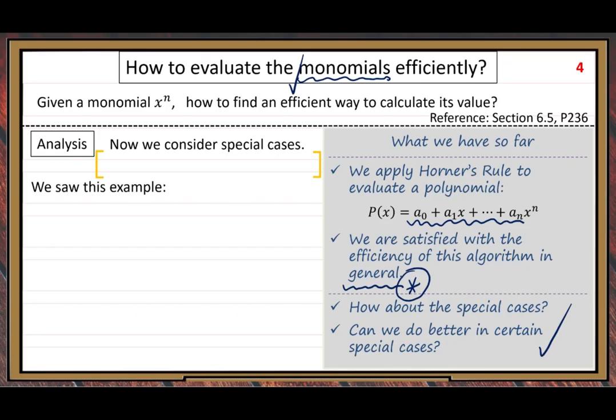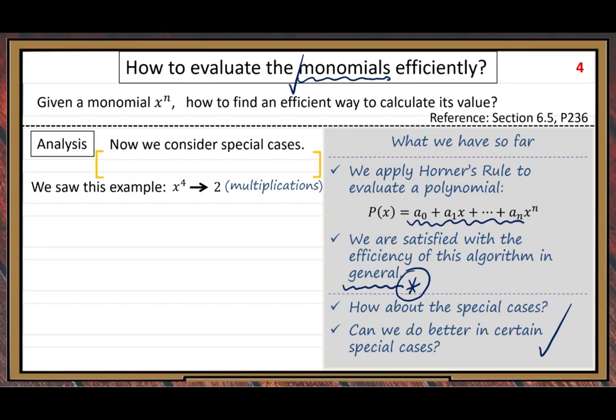Now we consider our first special case. Regarding the monomial, we did one example before. Let me start with that simple example we did before, x to the fourth. At that time, we used 2 multiplications, not 3.